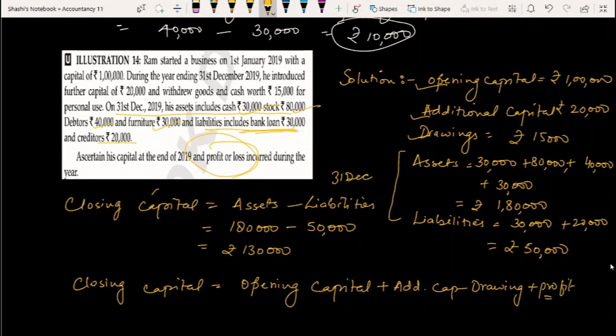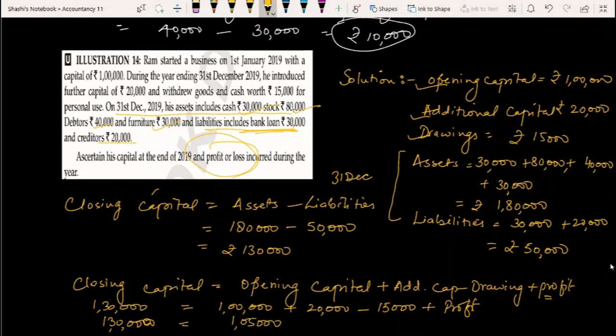Things not given, I'm not taking. Placing the values: 1,30,000 equals opening capital 1 lakh, plus additional capital 20,000, minus drawings 15,000, plus profit, the missing figure. So 1,20,000 minus 15,000 comes to 1,05,000, plus profits.